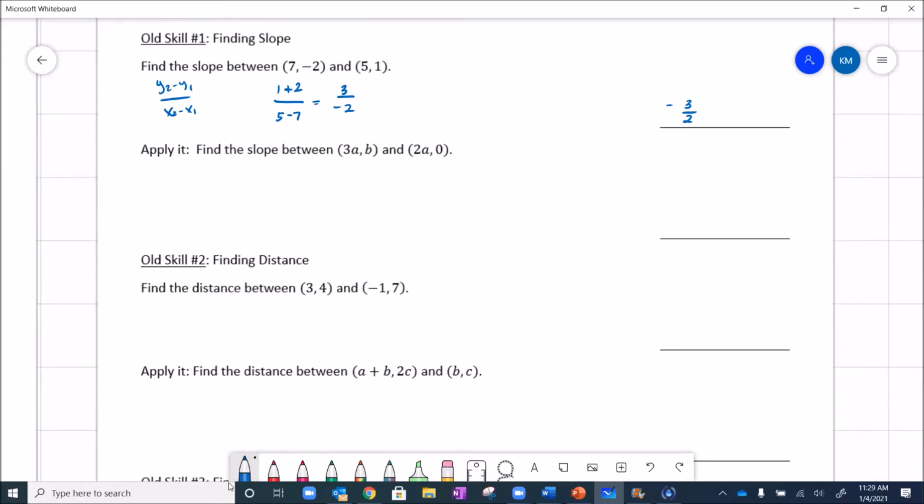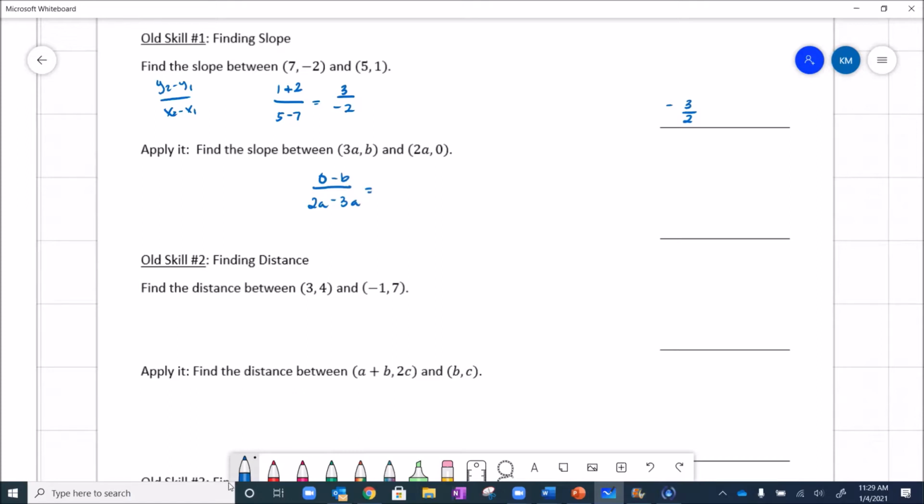Now, if we were asked to find the slope between the abstract points (3a, b) and (2a, 0), we could still do that. It's the same thing. y2, 0, minus y1, b, over x2, 2a, minus x1, 3a.